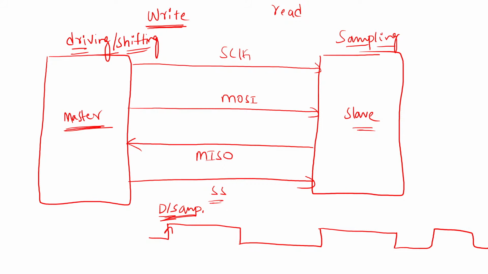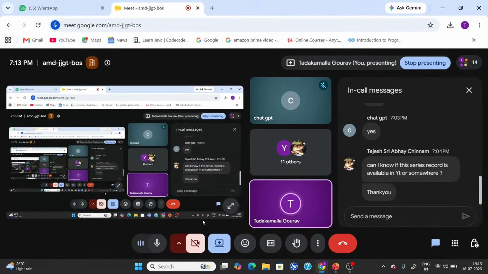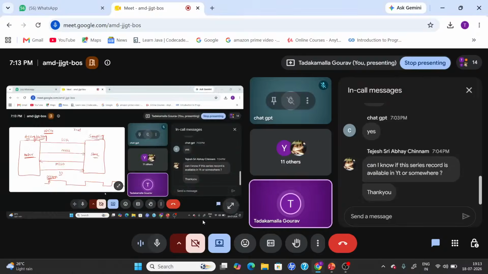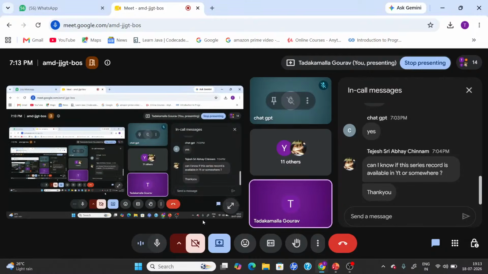If I drive the data and also sample the data at the positive edge of the clock, am I going to sample the data correctly? Yes or no is the question. Anyone wants to answer? What do you think? If the driving and sampling is happening at the same clock edge, will my master sample the data correctly? Yes or no?